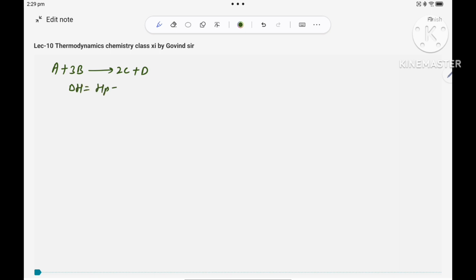Enthalpy of product minus enthalpy of reactant. How to find it for this? Delta H is equal to 2 into enthalpy of formation of C plus enthalpy of formation of D, minus enthalpy of formation of A plus 3 into enthalpy of formation of B.